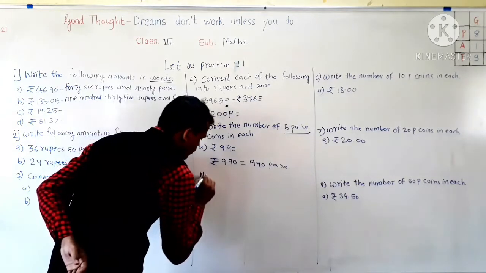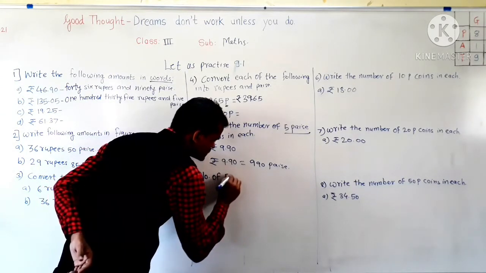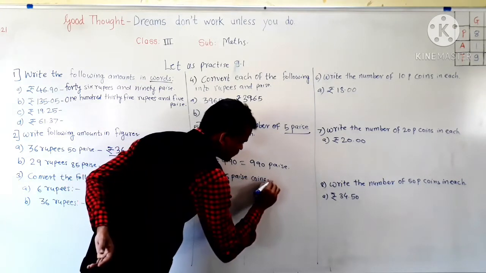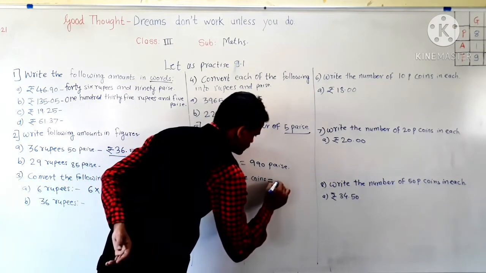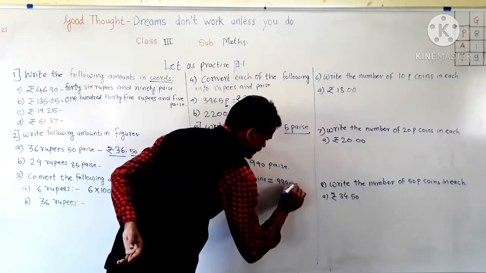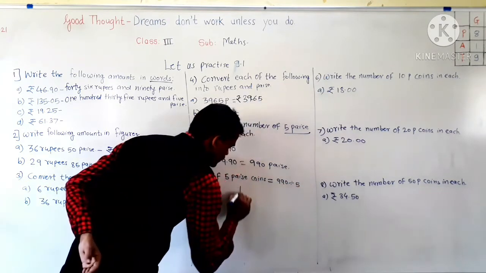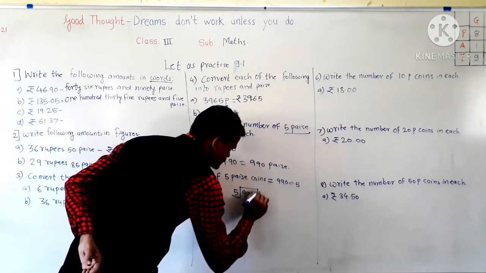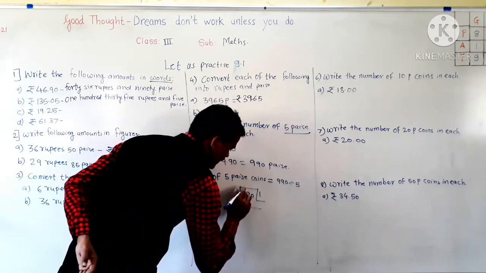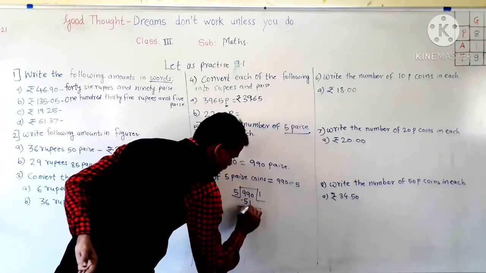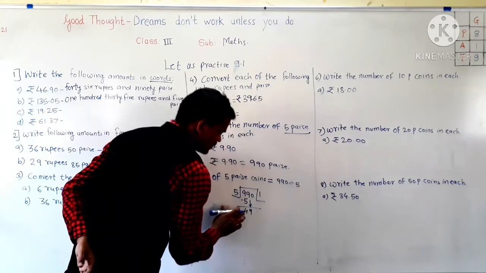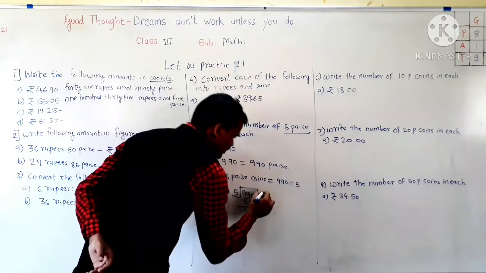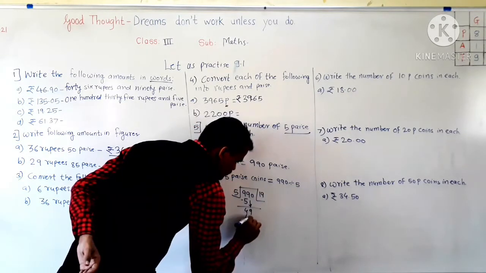So number of 5 paise coins is equal to 990 divided by 5. So solve this. 990 divided by 5: 5 ones are 5, 9 minus 5 is 4, then take this 9 down, then 49 divided by 5, 5 nines are 45.